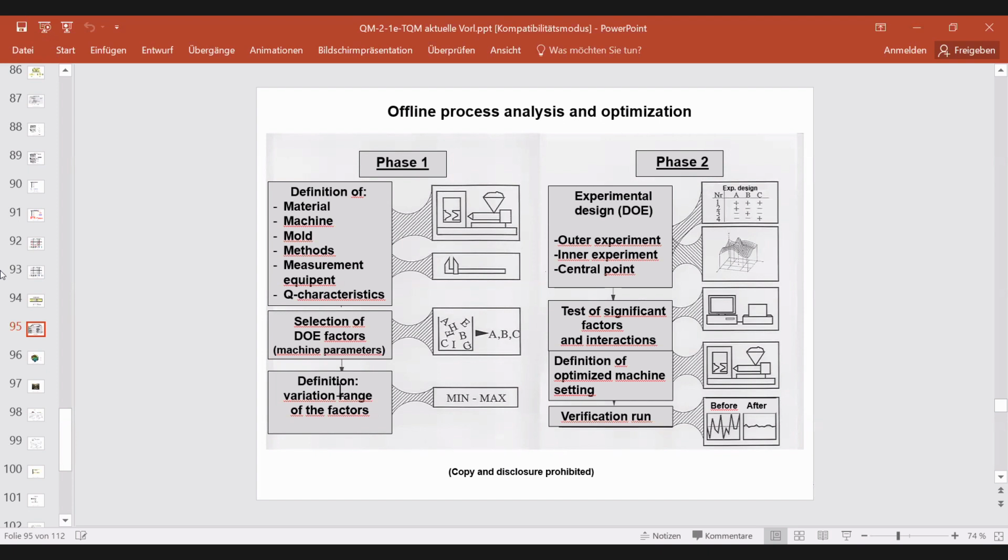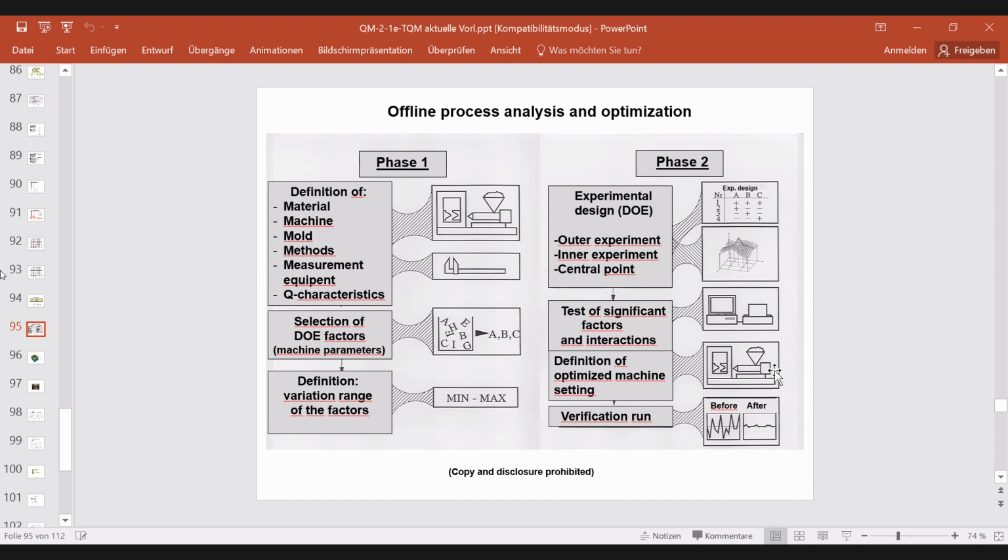The next step is the definition: what is plus and what is minus? So the minimum and maximum, which has to be plus and minus in the experimental design. Then you go on the process. This means you do the experimental design directly in the process, and then you do the measurements and the analysis, and then you check what are significant parameters and interactions.